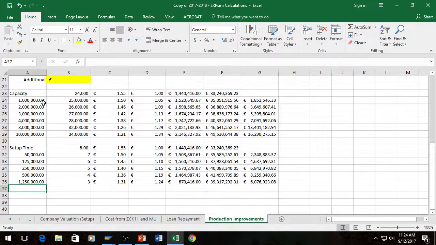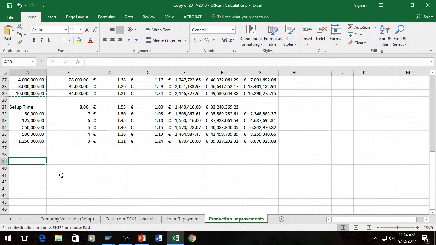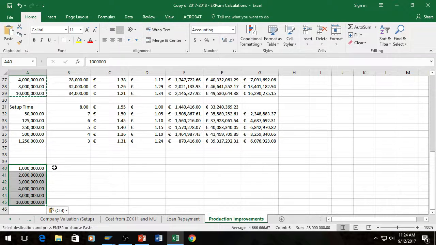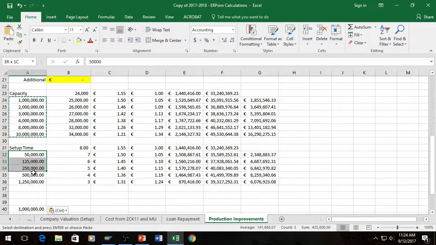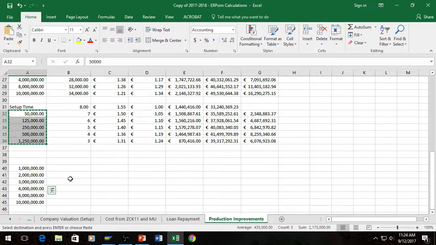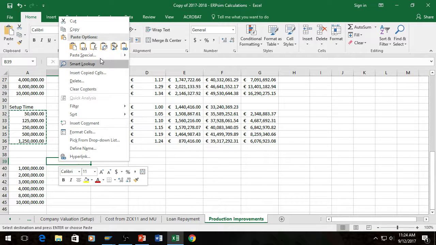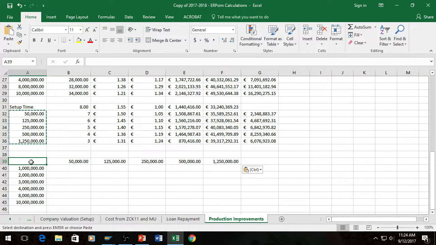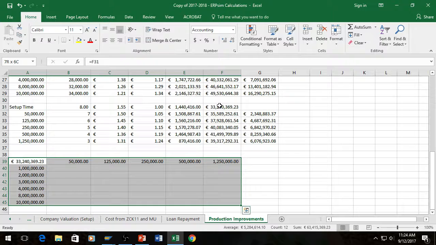And what I'm going to do is combine these and do a two-way data table. Unfortunately, you can only watch one variable on a two-way data table. I'm going to choose company valuation, because that's really the end result we're looking for.